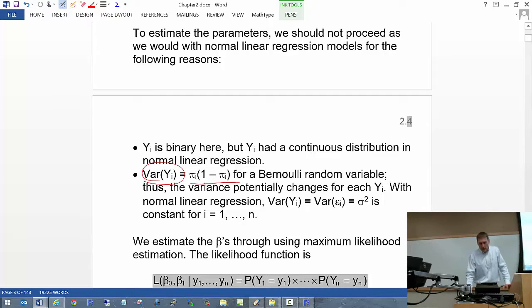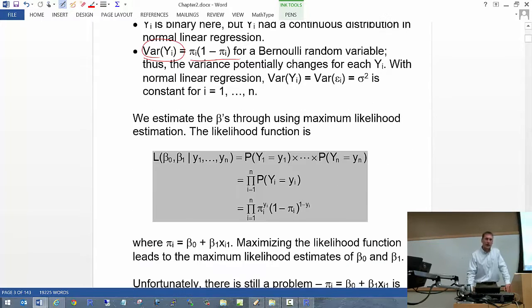So what we're going to do then is use maximum likelihood estimation to find parameter estimates. Here's my likelihood function now. Think of it in terms of what you saw in section 1.1. Before, in section 1.1, we had one parameter, it was pi. Now I have two parameters, beta 0 and beta 1. It's a function of my data.